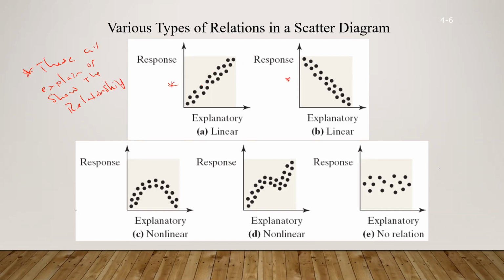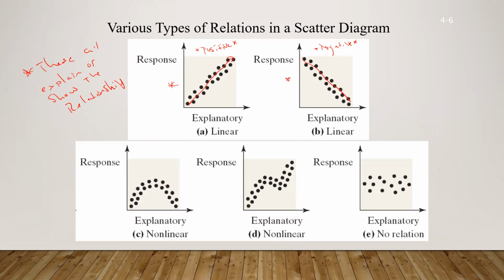When you do a scatter plot and it looks like it's sloping upward like this, it's explaining the relationship between the two variables. It's saying, hey, this is a linear relationship, okay? This looks like a positive relationship. This one here looks like it's sloping downward, okay? This also explains the relationship and it looks like a negative relationship, okay, with a downward slope.